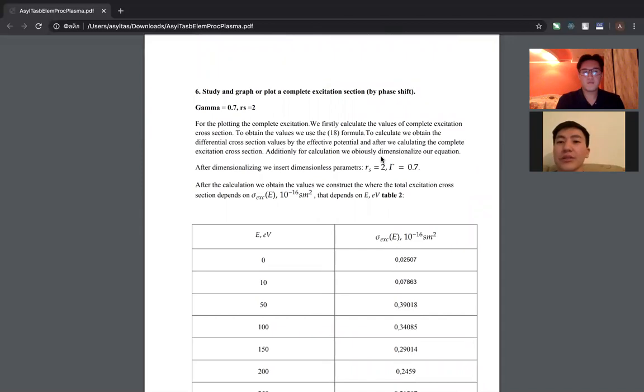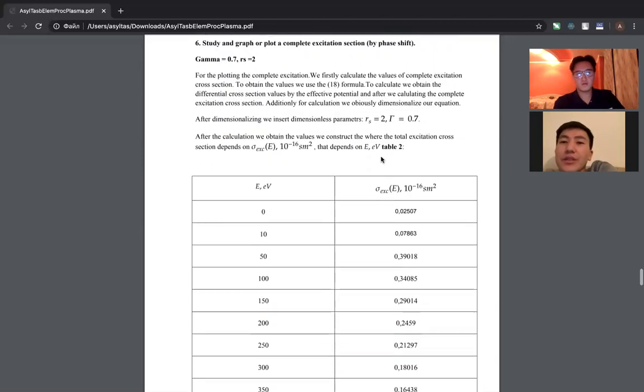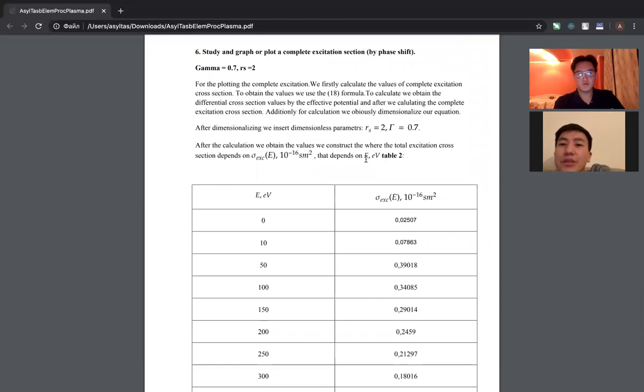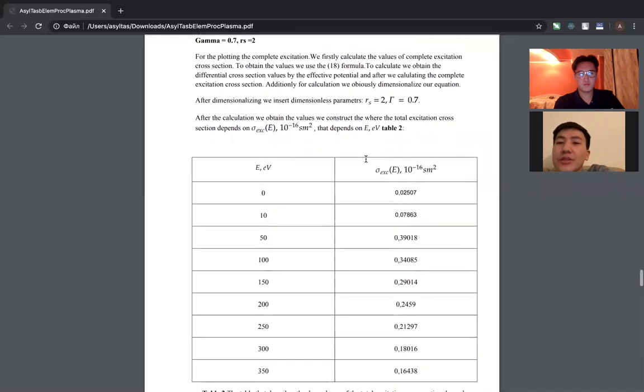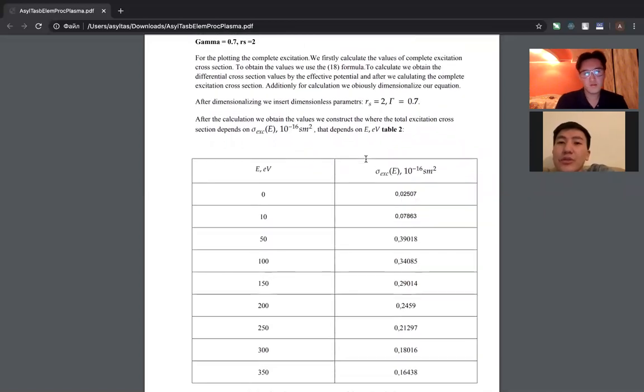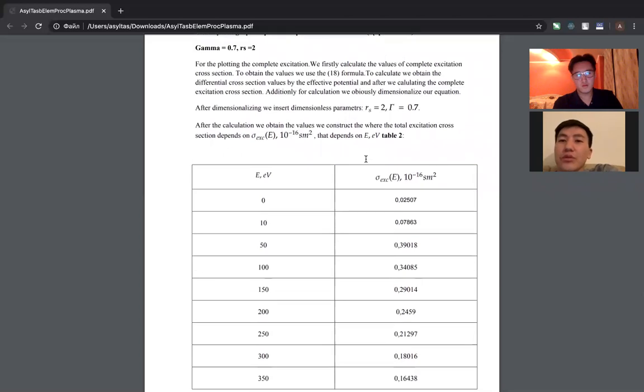Okay. So in the sixth part, it is a study and a graph of the complete excitation cross-section. The parameters that we have used are gamma equal to 0.0 and RS equal to 2.